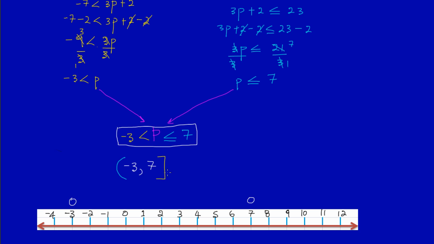But once I'm using my braces, this circle must be closed. So let's close that. And then from there, I'm using my ruler to connect my two endpoints. So you use your ruler and you just draw between your endpoints, and that's how we represent that on a number line.